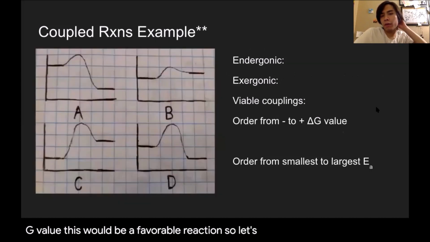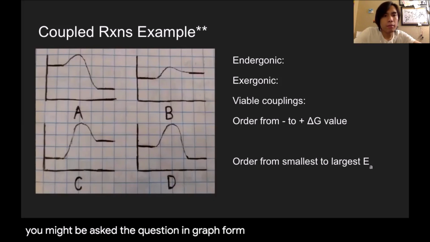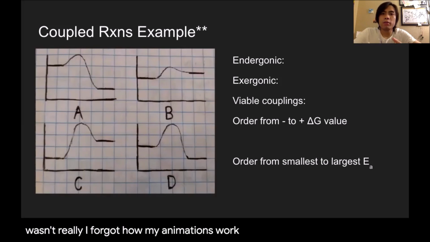So let's go over some examples. You might be asked a question in graph form. So let's think first. I forgot how my animations work, so I added really cool animations to each one.